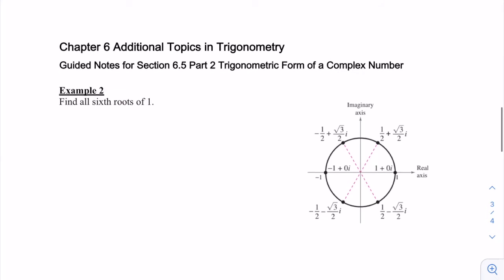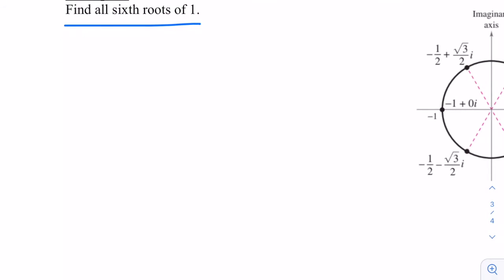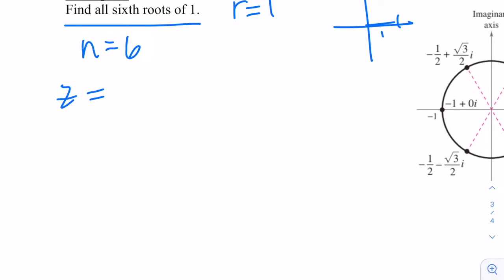All right, so now let's find all 6 roots of 1. So if we want to find 6 roots, our n will equal 6. In complex form, we first need to find the modulus, and that's just going to be 1. And we know that the radius equals 1, or x equals 1, when the angle is 0.